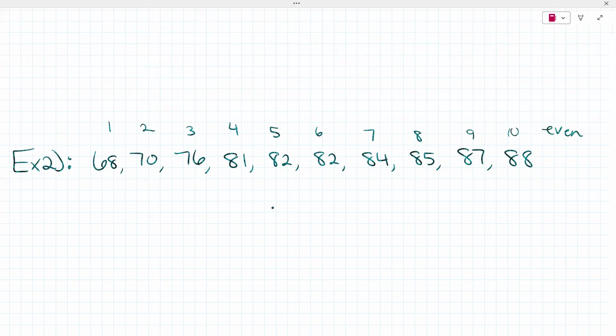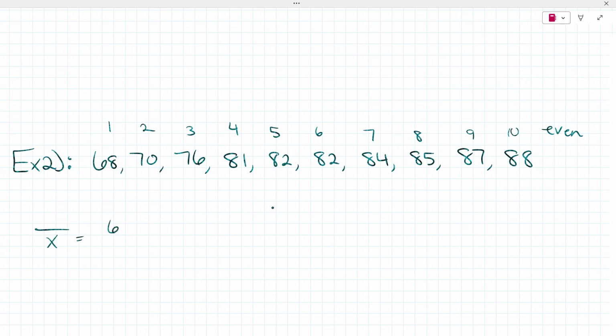Is it in order? I think it is in order: 68, 70, 76. Yes, everything is in order. So let's find the average, or the mean.